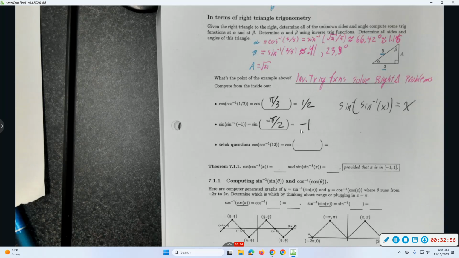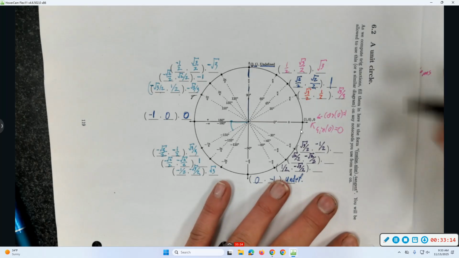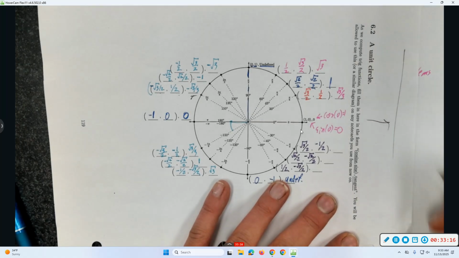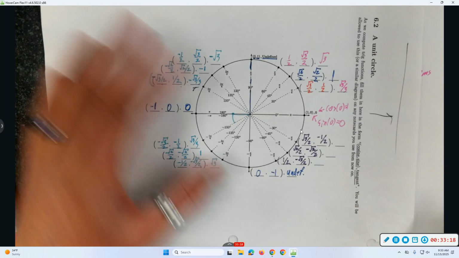What angle corresponds to a cosine equal to 12? What's the biggest cosine can be? Is there an angle whose cosine is 12? No, it's not on the unit circle. It would correspond to an x value way over there. That's not on the unit circle at all.